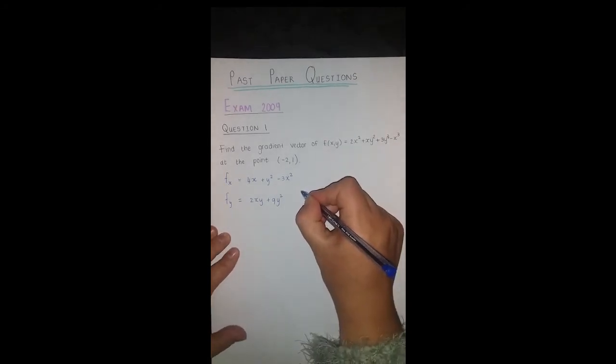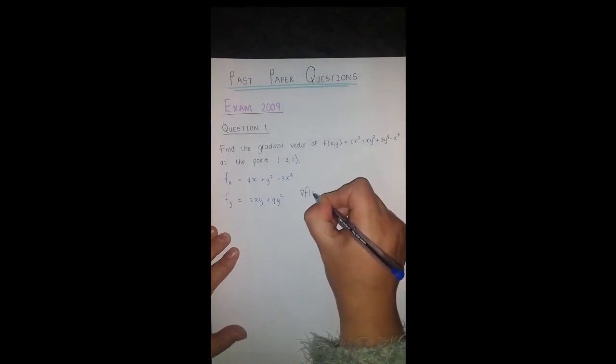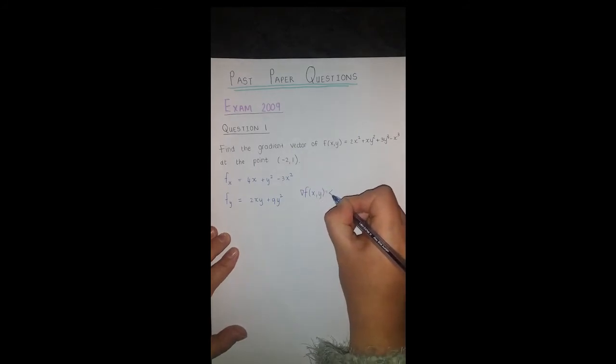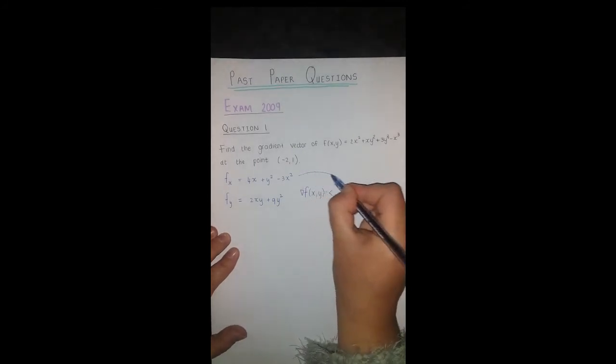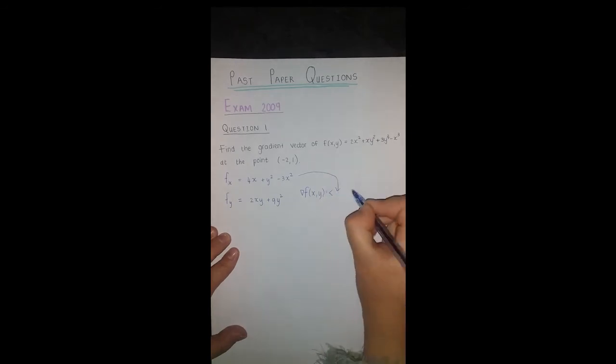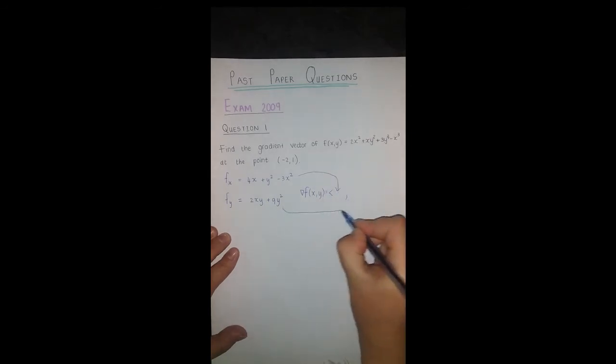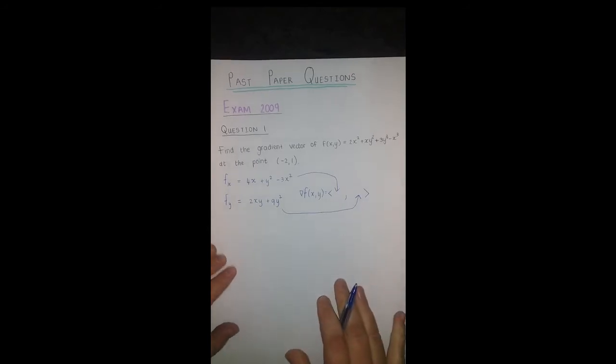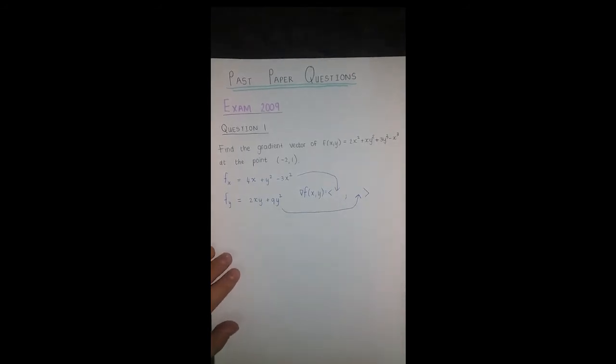So we can now get our gradient vector field of x, y. So then we just put this in here and that in there. But they ask for this vector field at a specific point.